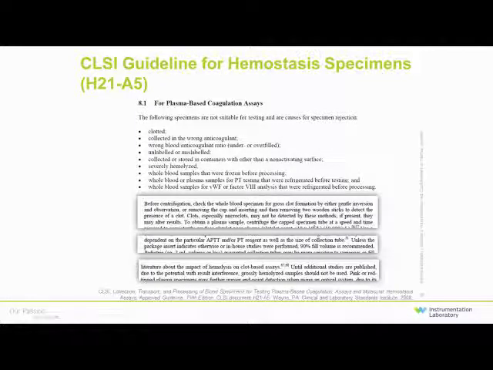Currently these guidelines recommend rejection of samples that are clotted, collected in the wrong anticoagulant, have a wrong blood to anticoagulant ratio, so those that are under or overfilled, those that are unlabeled or mislabeled, those that are collected and stored in containers with other than a non-activating surface, severely hemolyzed, whole blood samples that were frozen before processing, whole blood or plasma samples for PT that were refrigerated before testing, and whole blood samples for von Willebrand factor, factor VIII analysis that were refrigerated before processing.